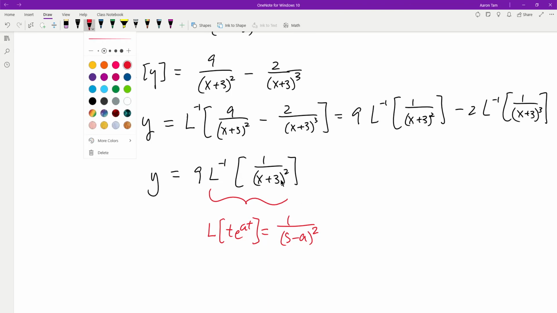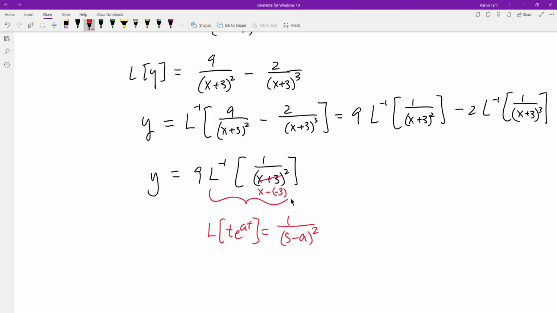So therefore, this expression right here is actually s minus -3, and this value is our A. That solves that problem. That means this is 9 times t e to the -3t.